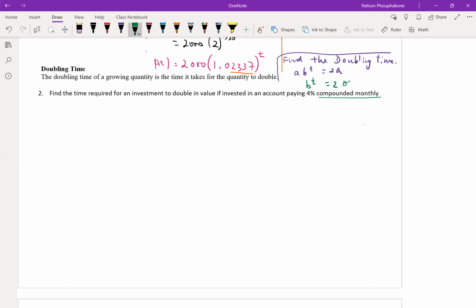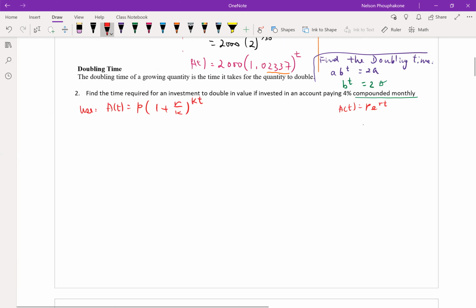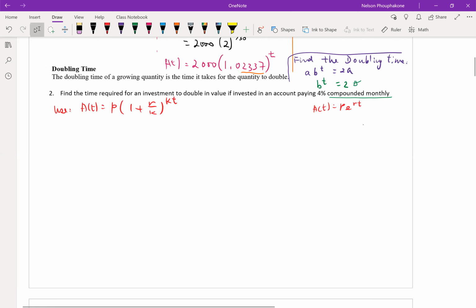If you remember, when I work with compounding monthly, the formula I use is A(t) equals P times (1 plus r over k) raised to the power of kt. Now, if we have compounding continuously, then we use A(t) equals P times e to the rt. But anyway, this problem is this one right here.